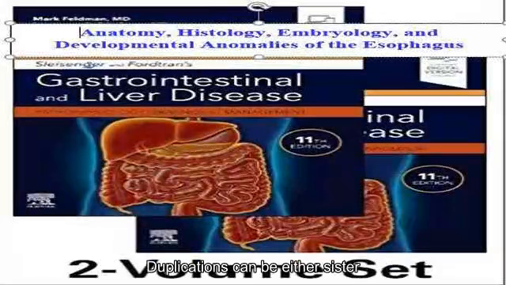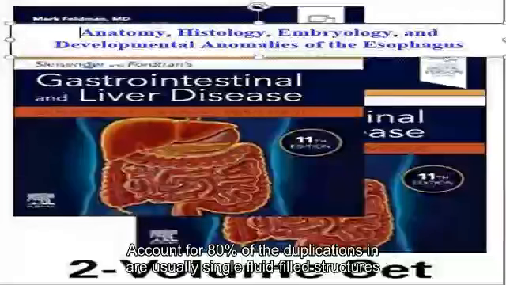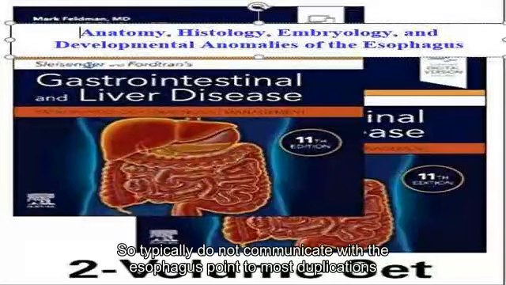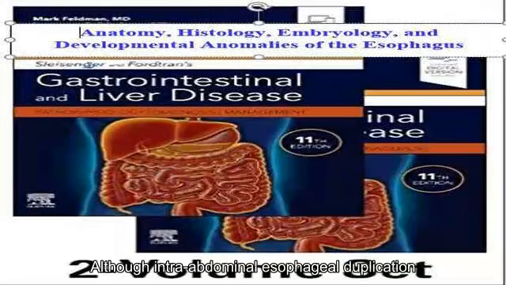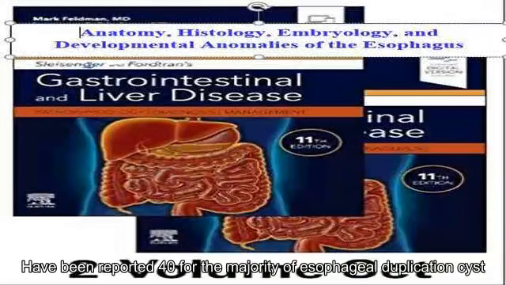Duplications can be either cystic, tubular, or diverticular in morphology. Cysts account for 80% of the duplications and are usually single fluid-filled structures that typically do not communicate with the esophagus. Most duplication cysts occur in the lower esophagus and are located within the posterior mediastinum, although intra-abdominal esophageal duplication cysts have been reported.